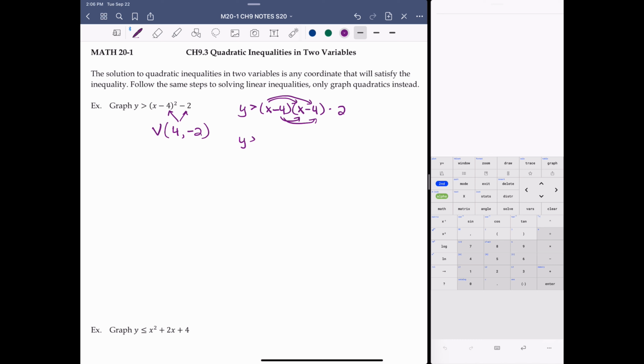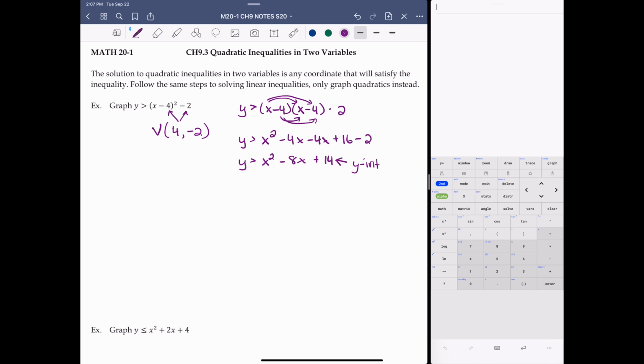X times x is x squared, x times negative 4 is negative 4x, negative 4 times x is negative 4x, negative 4 times negative 4 is positive 16, minus 2. Y is greater than x squared minus 8x plus 14, and 14 would be our y-intercept, the constant term of the quadratic in standard form.